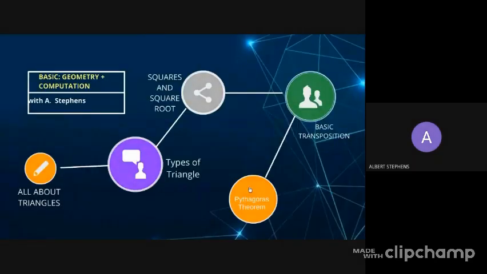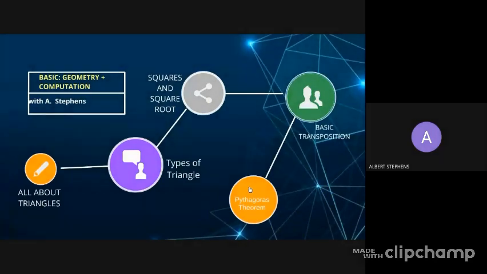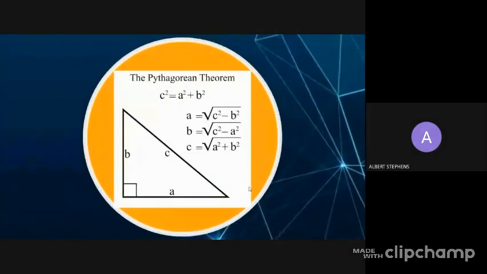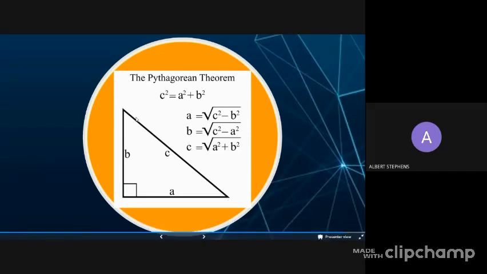Now, finally, ladies and gentlemen, we want to look at Pythagoras theorem. All right, the famous Greek philosopher of mathematics. Now, Pythagoras basically discovered that whenever you have a right angle triangle, and before we start, remember in this example here, C would be the longest side, and C is also opposite the 90 degrees.